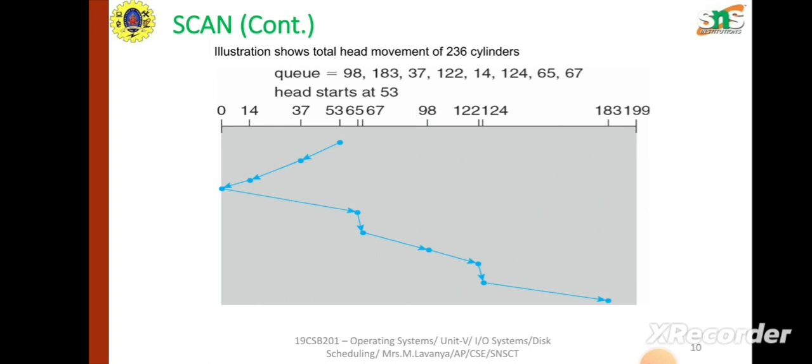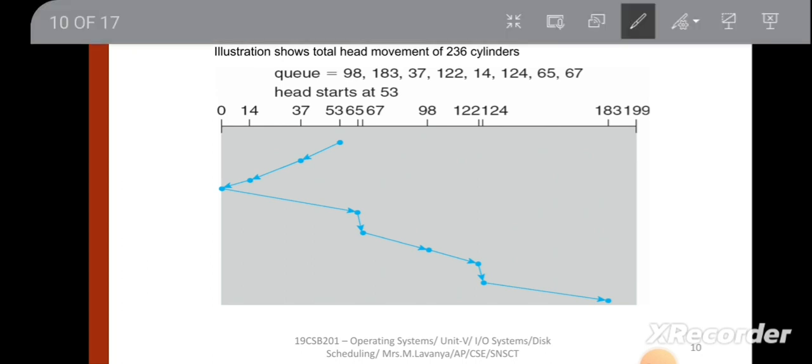After that I will mention all the request queue numbers first: 98, then 183, then 37, 122 followed by 14, 124, 65, 67.